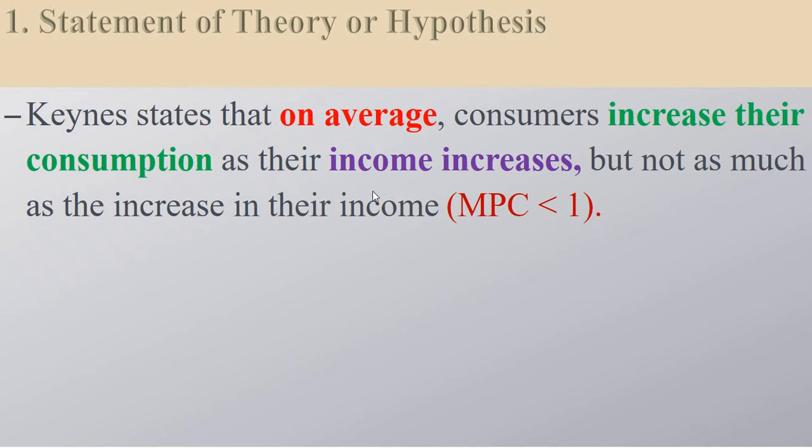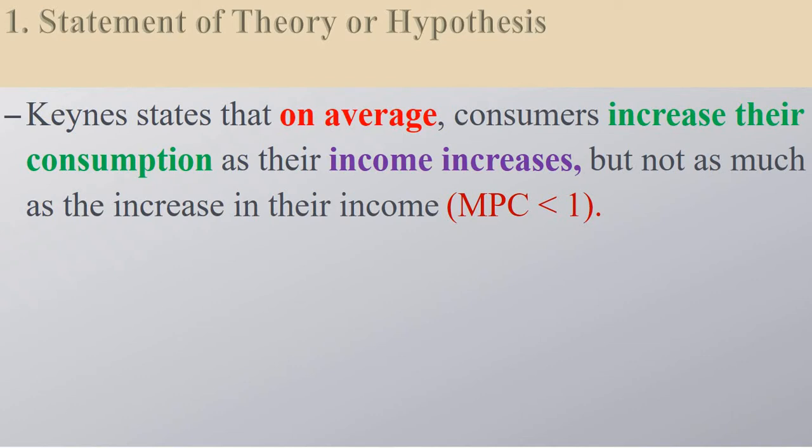This is the fundamental psychological law we talk about in economics: if on average we increase our income, that must increase our consumption. But we don't say exactly how much. This is our main question, and Keynes says the marginal propensity to consume is less than 1. So this is our hypothesis or theory.